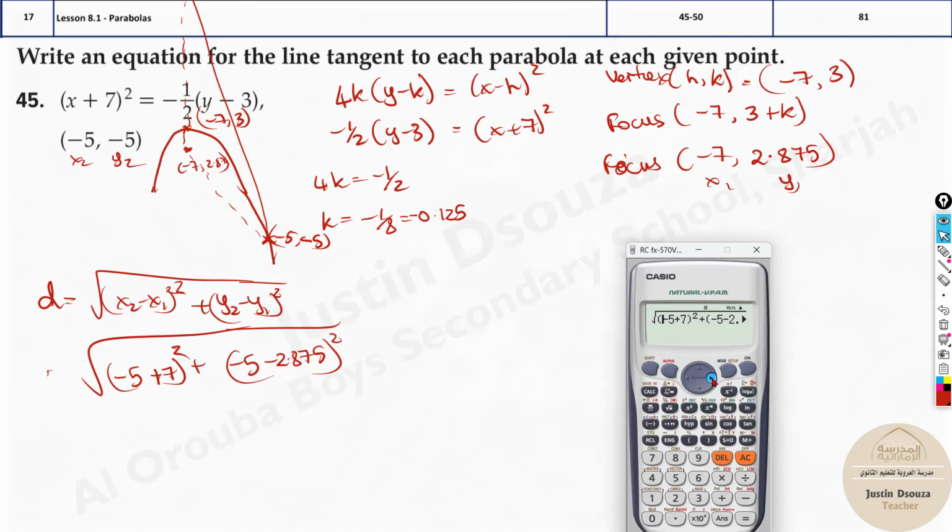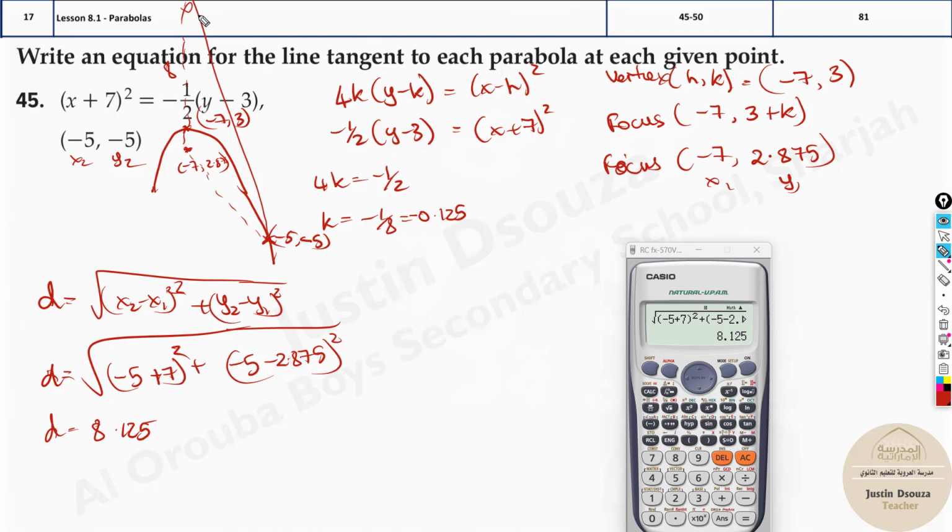I've put this in the calculator. It's negative 5 plus 7 the whole square plus negative 5 minus 2.875 the whole square. The answer is 8.125. So the distance is 8.125 units. Now the other point will be more above. See over here, this distance is 8.